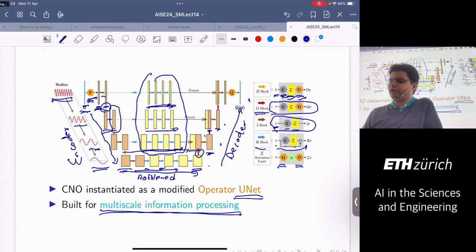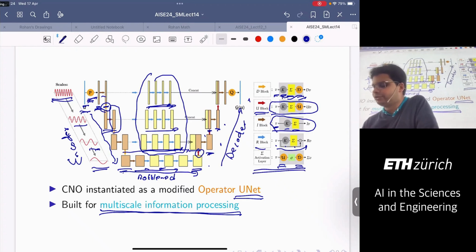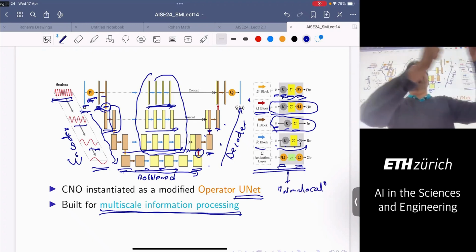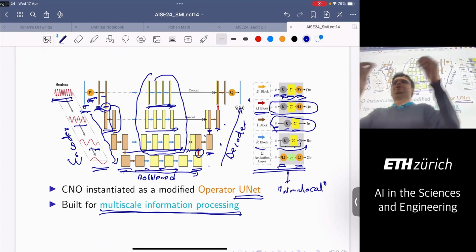And by the way, I forgot before the break, because there are many things to say. But the whole point about, maybe I said it and didn't emphasize it, the whole point of this activation layer is that now it's non-local, right? Earlier it was local, because you were just applying a function pointwise. Now, why is it non-local?